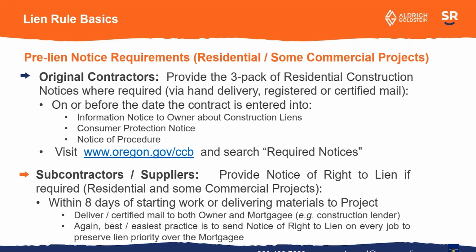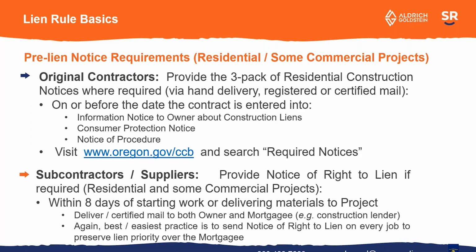I've got the link to the oregon.gov/CCB website. If you search required notices, it will give you that little package. And that includes information notice to owner about liens, consumer protection notice, and the notice of procedure. That goes into the Oregon construction defect statutes. But you've got to have that as part of your contract that helps protect you and the owner.